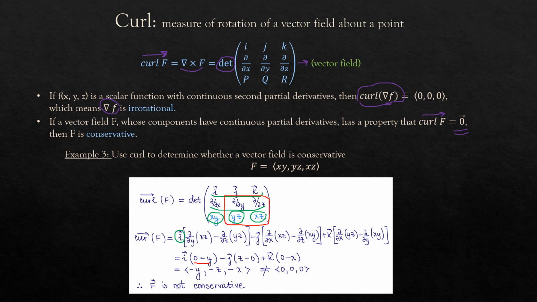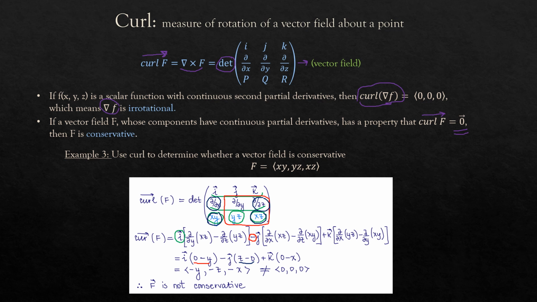Then for the second component, don't forget the negative. So I put that negative here, j times what? So what are we looking at here? So that would be partial of xz with respect to x minus partial of xy with respect to z. And that gives us, inside the parentheses, z, and then don't forget about the negative.